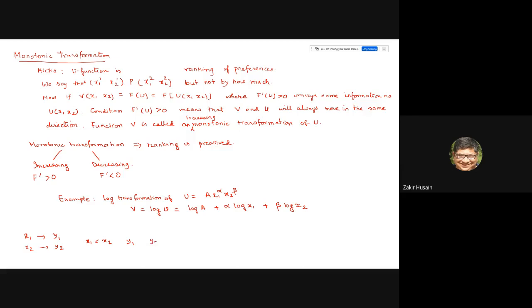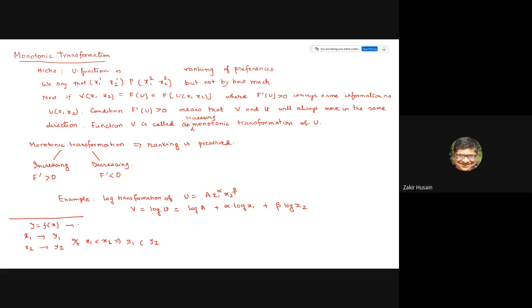What is the relation between y1 and y2? Which is greater? Suppose it's a positive function, meaning when x increases, y increases. Then which one is greater? Yes, sir. y2 is greater.